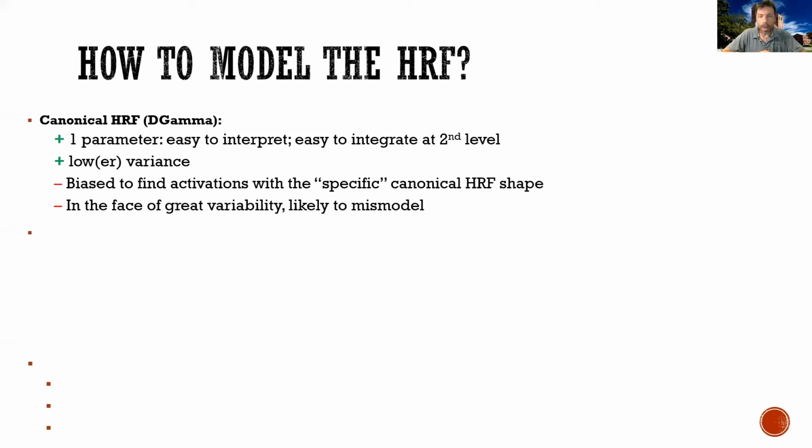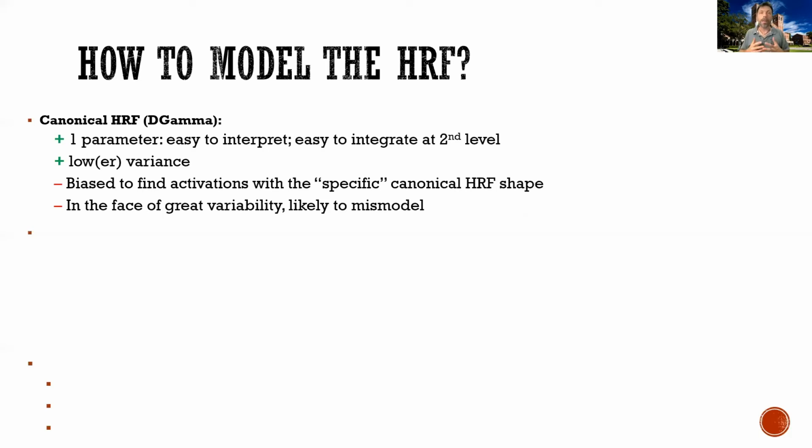And it's very easy to integrate and to aggregate at the second or third level, meaning it's easy to take for every one of my participants, or every one of the runs of every one of my participants, one parameter, beta, and bring it all together in one large group analysis. It's very simple to do, it's easy to interpret.